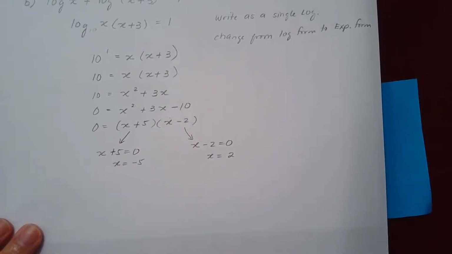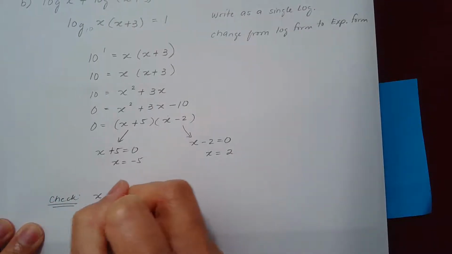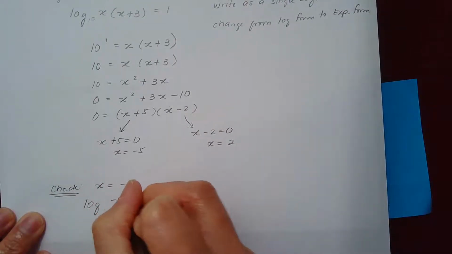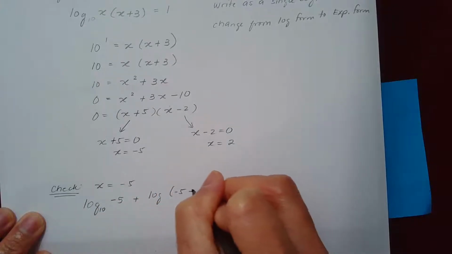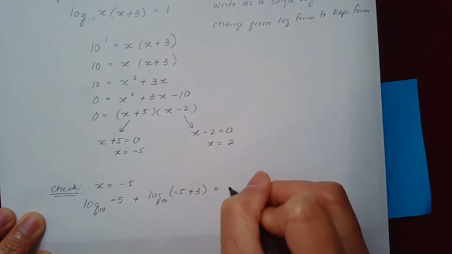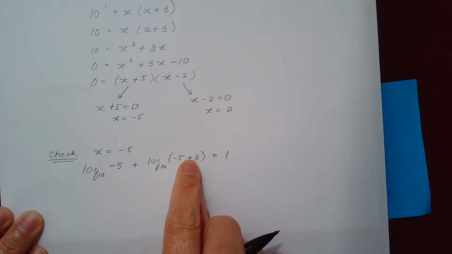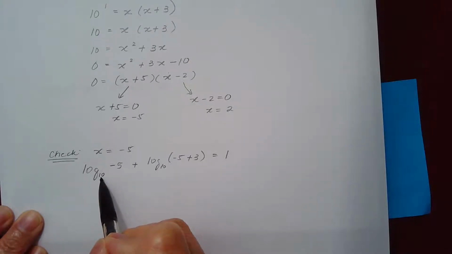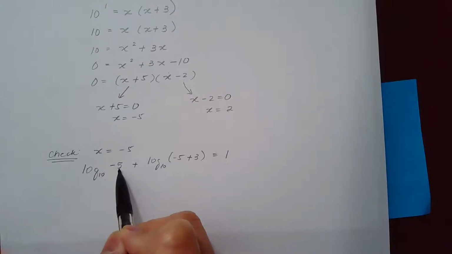When you look at this one in here, we're going to check x equals negative 5 first. So log base 10 of negative 5 plus log base 10 of negative 5 plus 3 equals 1. The right side is 1. So let's ask ourselves here, 10 to what exponent will give us a negative 5? 10 to any exponent won't give a negative 5 answer.